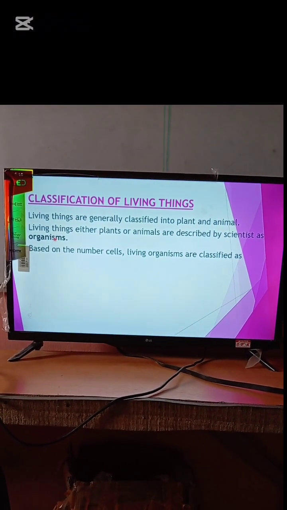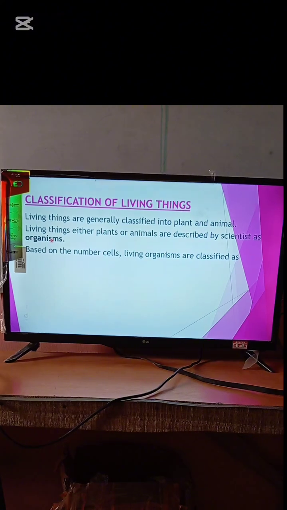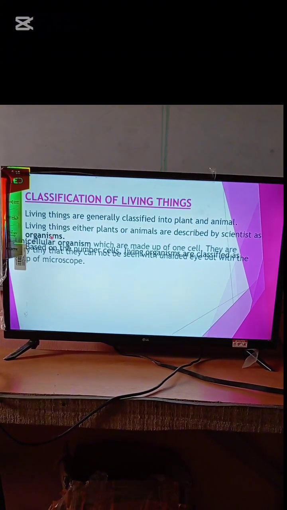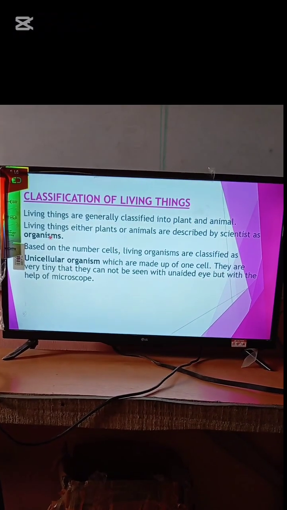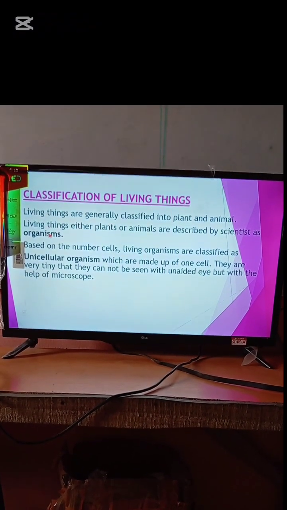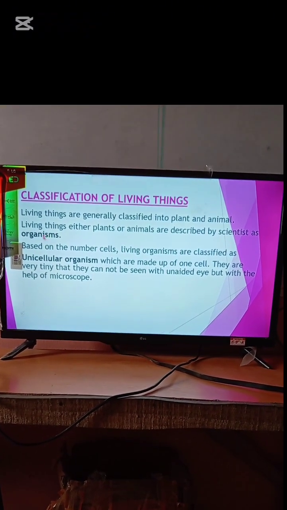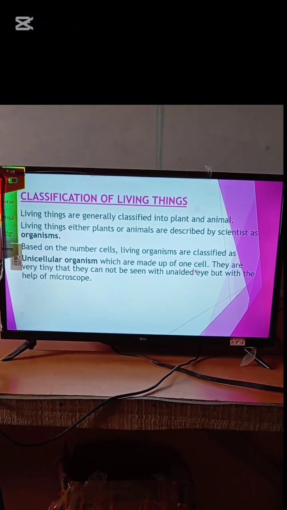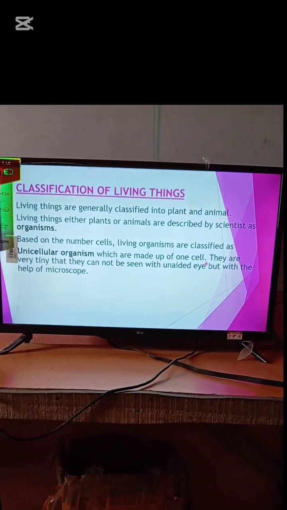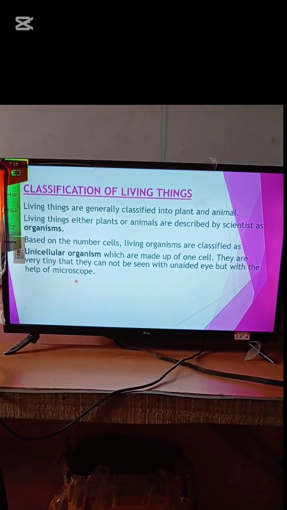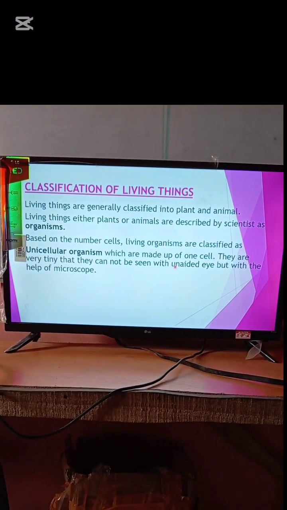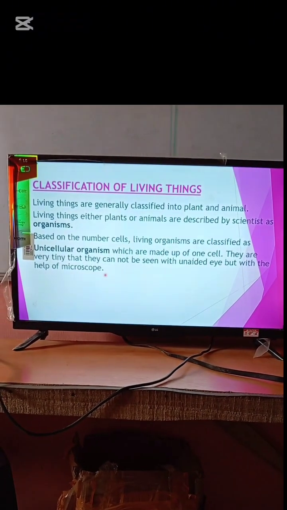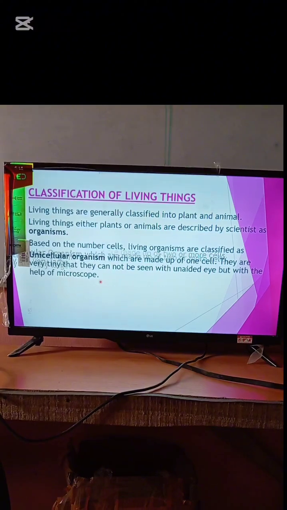Now, based on the number of cells that living things have, living things are classified as unicellular organisms and multicellular organisms. A unicellular organism is one made up of one cell, and they are so tiny that they cannot be seen with the unaided eye, but only with the help of a microscope.